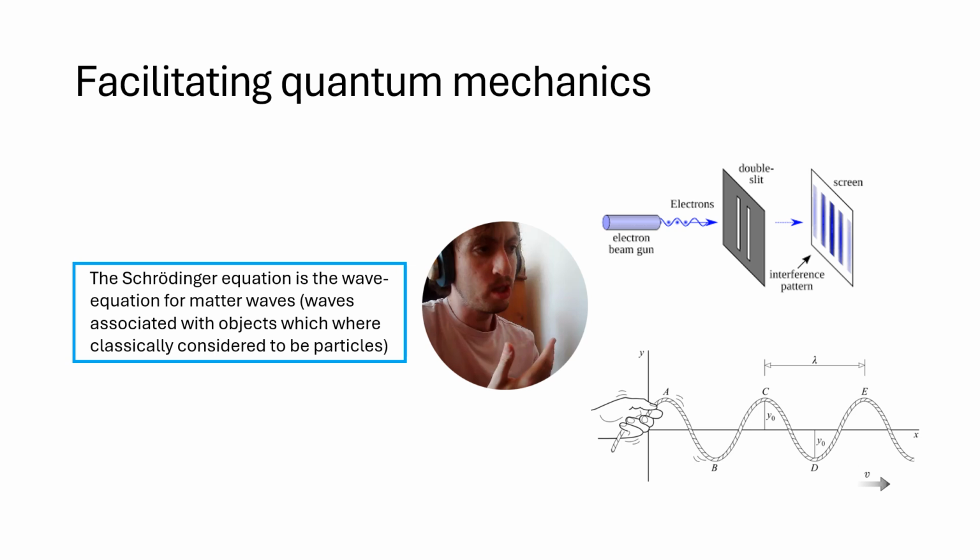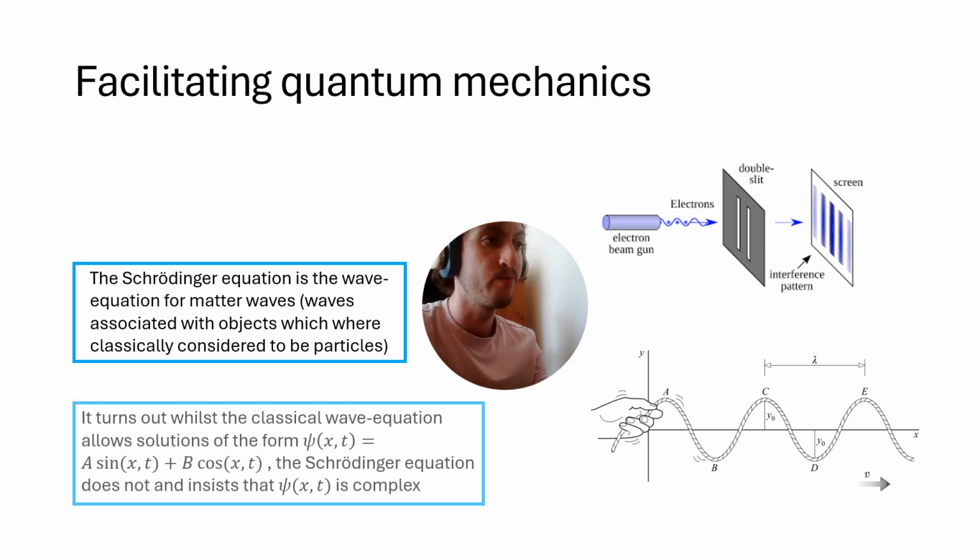So the Schrödinger equation, which is what he came up with to talk about this, is essentially a wave equation but for particles like electrons. So sometimes these waves are called matter waves, and the Schrödinger equation is an equation that outputs a function which describes the shape of this matter wave.